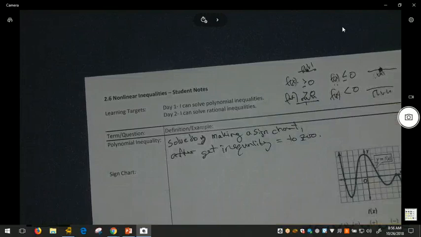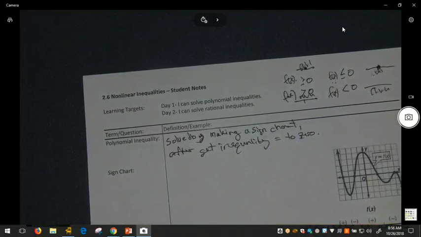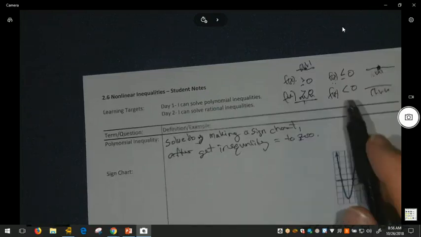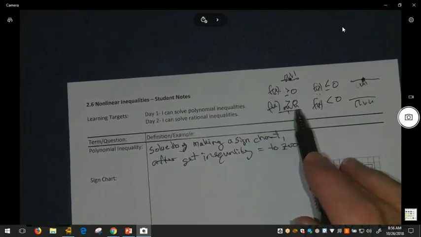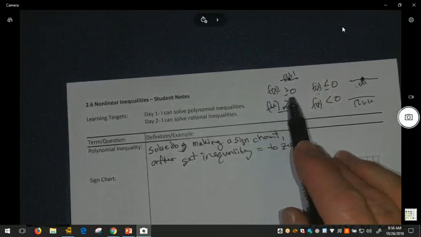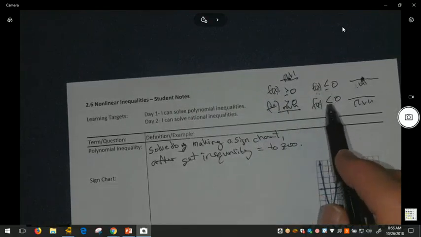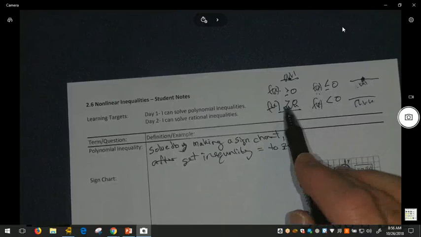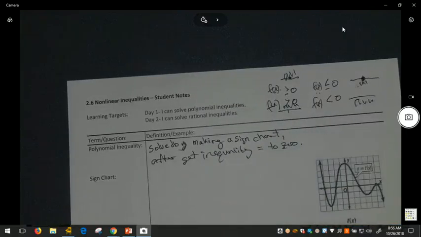So we're going to get the inequality equal to 0 and we're going to make a sign chart. That sign chart will help us determine where those values are true. Where is the overall function, if we put everything on one side, greater than or equal to 0, or strictly less than 0, or strictly greater than 0, or less than or equal to 0.